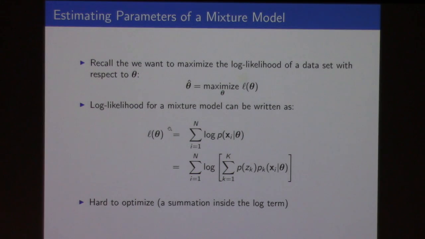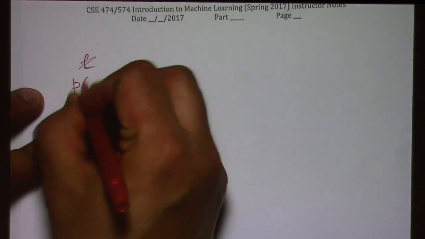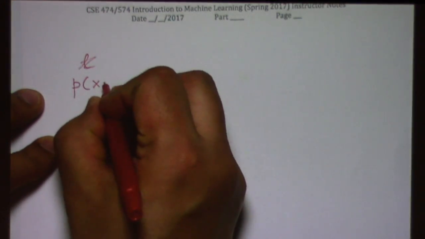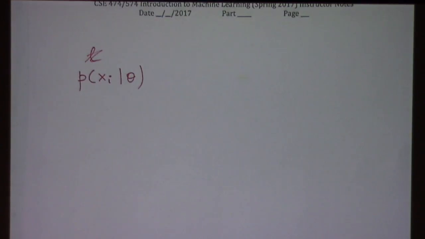So let's actually do it here. First, what is the probability of any data point, xi, given this model? I wrote it out earlier.